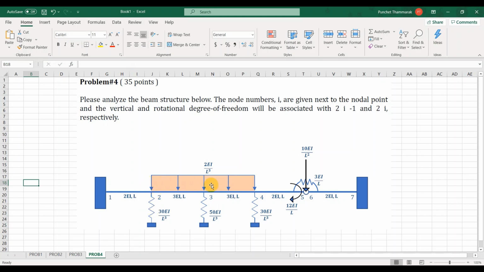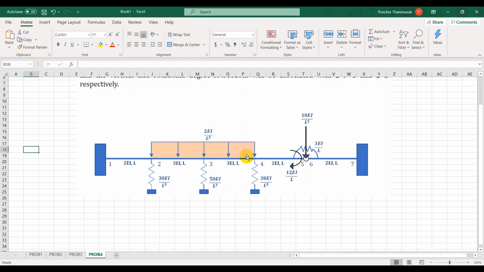So I guess you understand how it works out. For over here, node 5, the displacement degree of freedom will be number 9, and number 10 will be the rotation, number 11 will be the vertical degree of freedom on the right side of the hinge, and the rotation will be given by number 12.